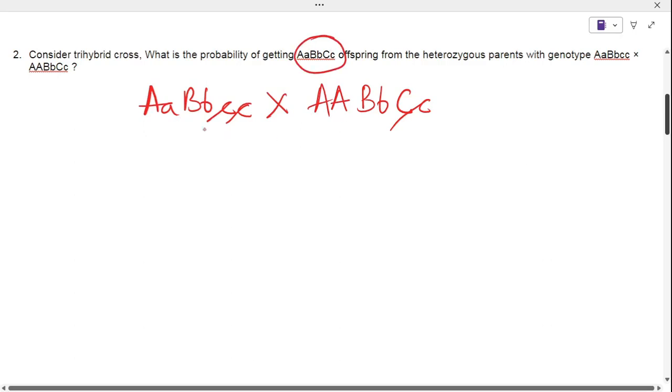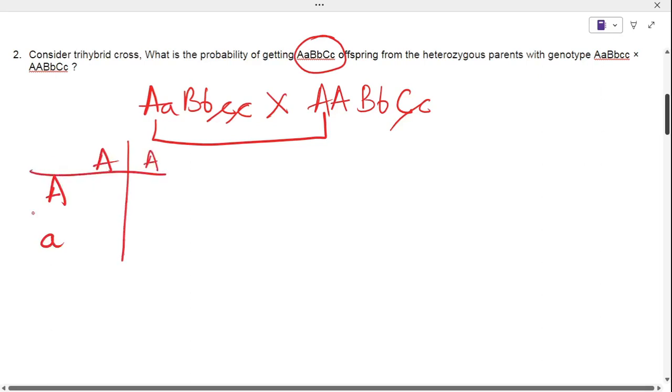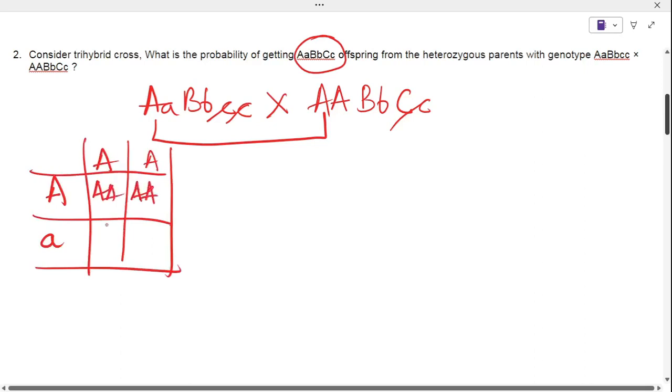In a trihybrid cross, writing one Punnett square will be very difficult. Instead of that, you need to go for individual Punnett squares. So I will do this cross first. Capital A, small a, crossed with capital A, capital A. In that, we get capital A capital A, capital A capital A, capital A small a, capital A small a.